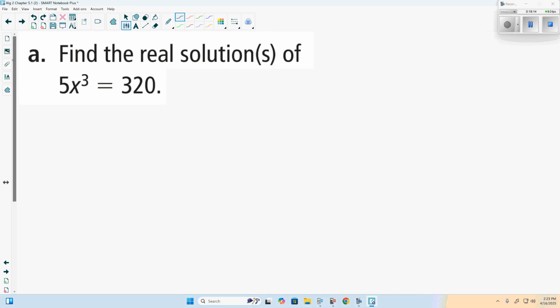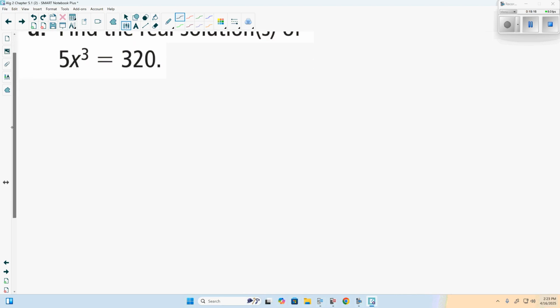5x to the third equals 320. We need to divide by 5. These will cancel, telling us x to the third is equal to 64. Is the term to the power by itself? Yeah, the only thing we have left is x cubed, yes?